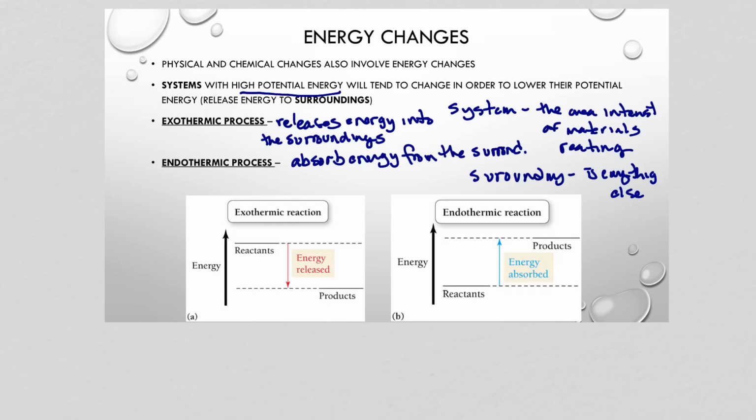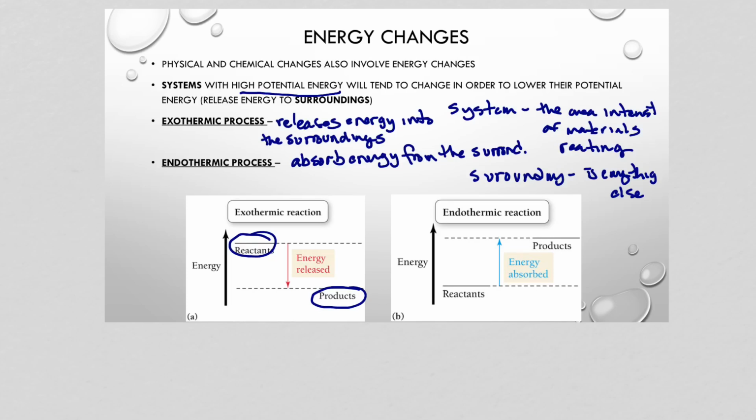So if we look at these pictorially, if we have an exothermic process, we're going to start here at higher energy, and over the course of the change, right, energy will be released, and what we end up with at the end of the change will be lower in energy, right? So energy would have been released from this system into the surroundings so that the material left at the end has a lower potential energy.